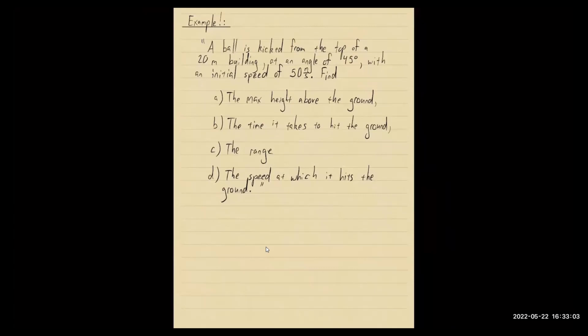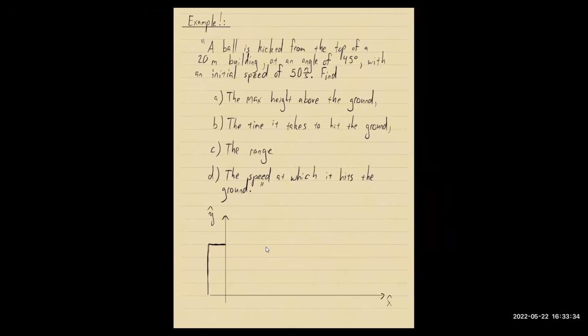It's going to be similar to the final example I showed you guys with the projectile motion simulator. So we're going to have our x and y coordinates, right? So this is going to be the y direction. This is going to be the x direction. Like that. The vertical axis is the y direction. And the main difference between this problem and the last problem is that our ball is being kicked from a height of 20 meters.